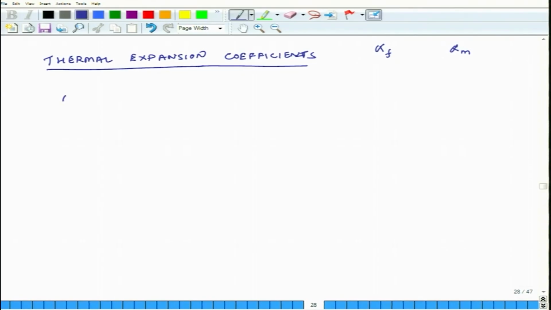Then a very general relation is alpha L, which is the thermal expansion coefficient of the overall composite material, equals 1 over EL times (alpha F EF VF plus alpha M EM VM). Okay.